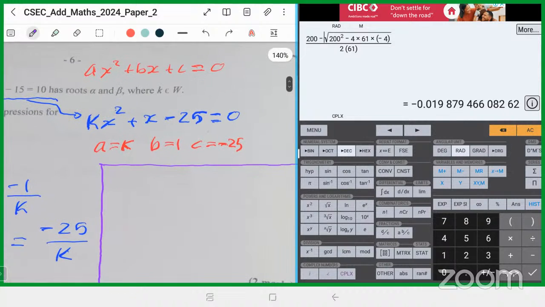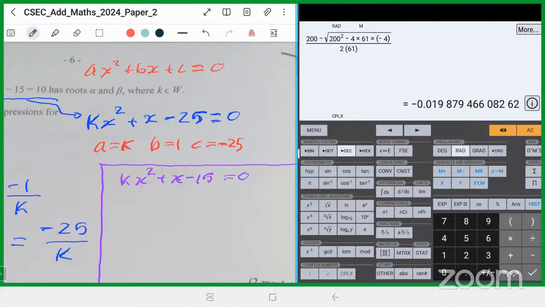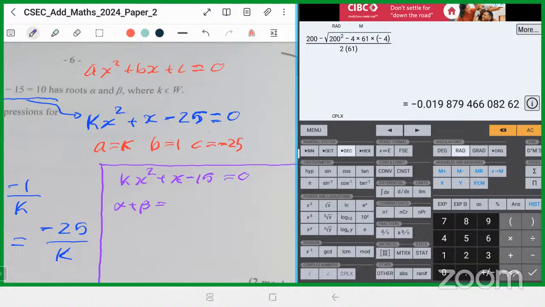Let's see. So the equation would have become kx squared plus x minus 15 equals 0. And then alpha plus beta would have been minus b over a, negative 1 over k, just the same.